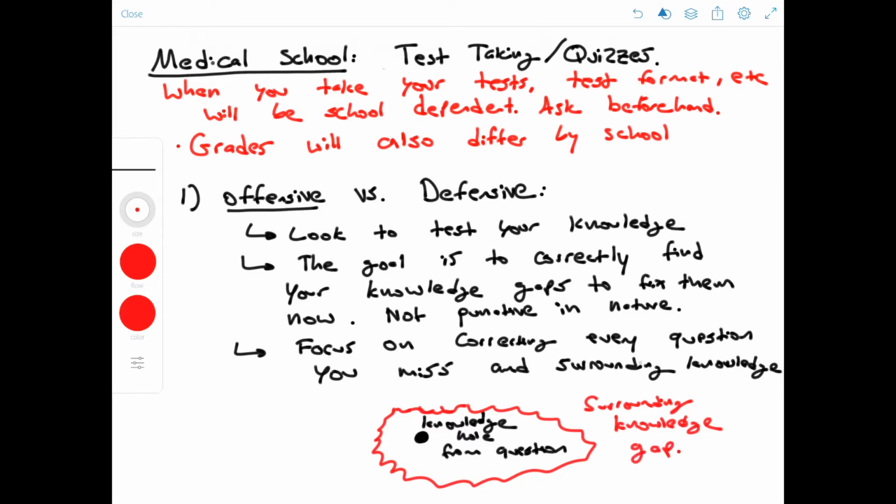Now, if you miss a question on a quiz or test, this is the best time to go and correct your mistake. So if you have a question that's wrong and you know why you missed it, widen out from that area to see where your knowledge gaps are. So for instance, if you miss a question on hormones, it's very likely that you are also missing other hormone-related topics around that one hormone you missed.